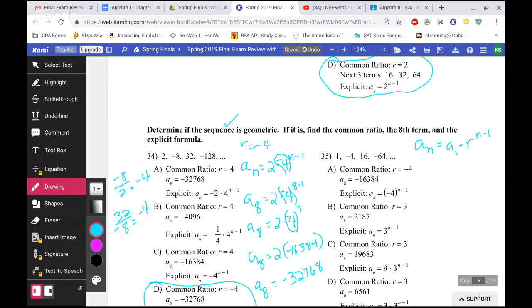So if you look back to number 34, a sub n, what's the value of the first term in the sequence? 2? Yeah. And then the common ratio, -4. And then that's raised to n minus 1. So that's it.